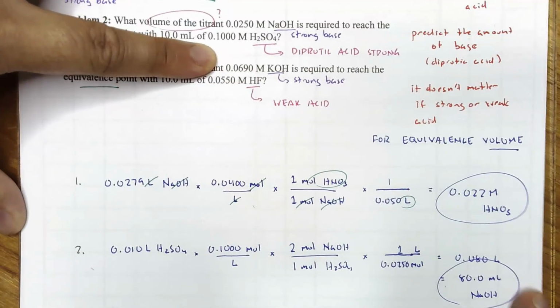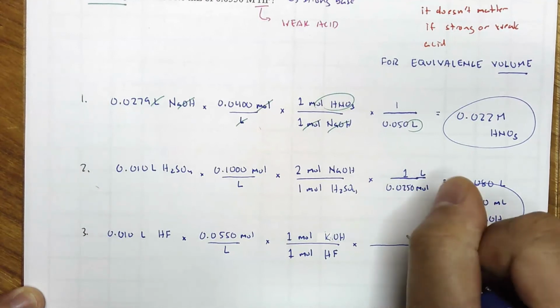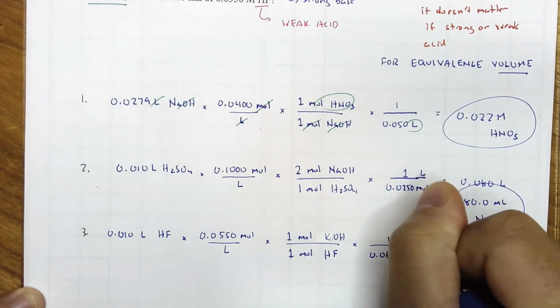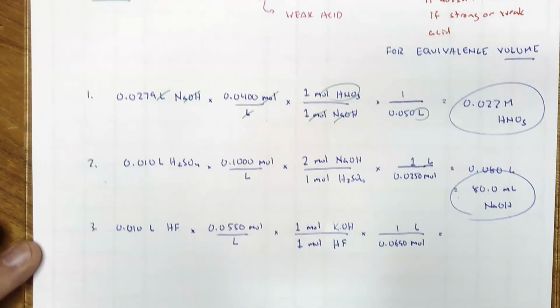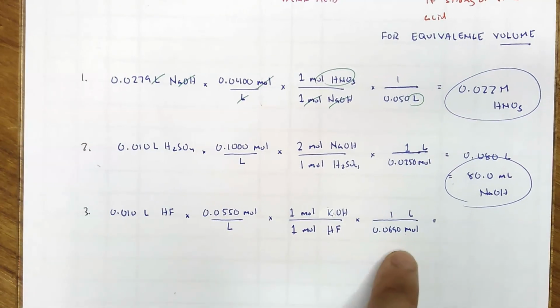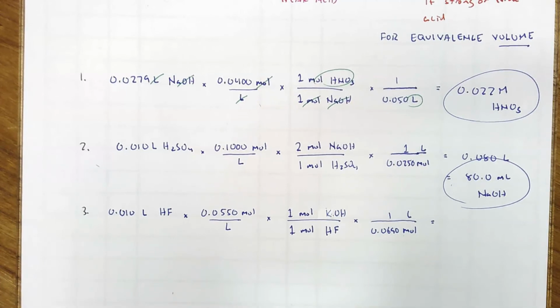0.0690. But we want liters on top and moles on the bottom. Okay, let's do those calculations. 0.01 times 0.0550, equals, so we're up to here, divided by 0.0690.